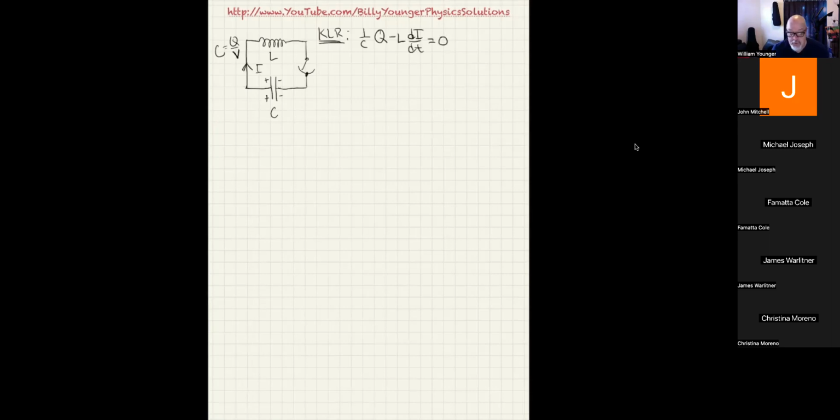So that's Kirchhoff's loop rule. Now, what we realize is that as the current goes up, it's a result of losing charges in the capacitor. So we know I is going to be equal to negative dQ/dt as opposed to the normal dQ/dt. Everybody get that?